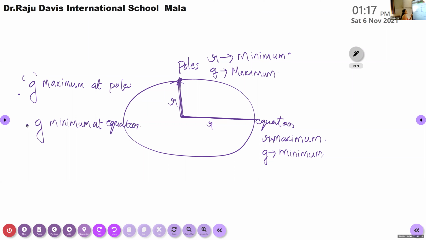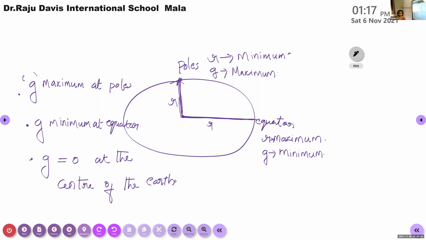One more point that you can add here. The value of g at the center of the Earth is equal to 0. Now you can write the explanation for it.